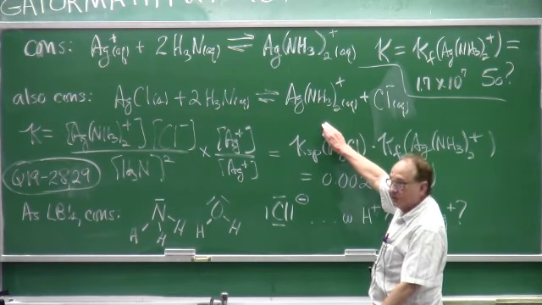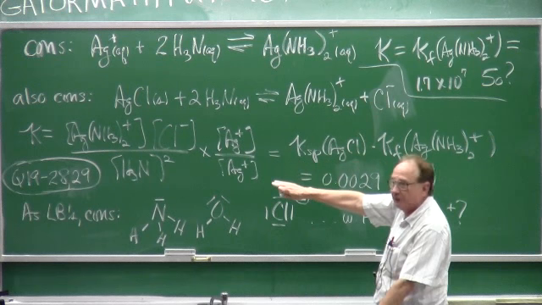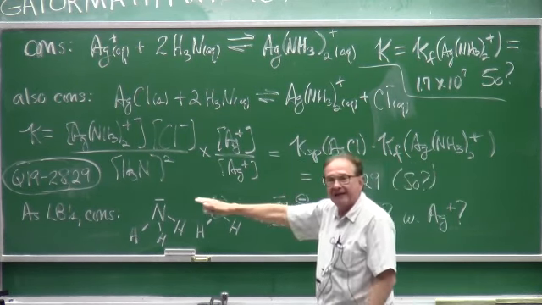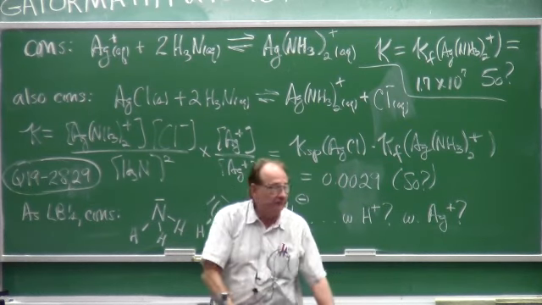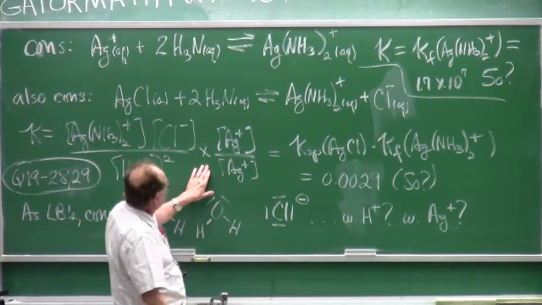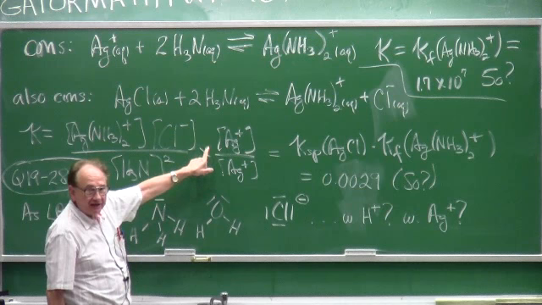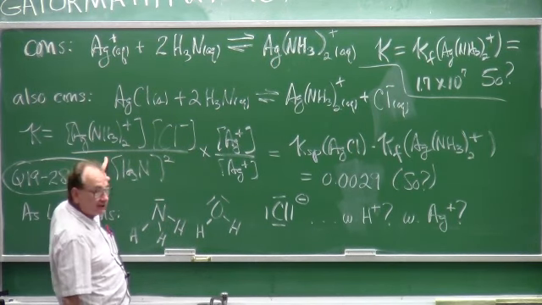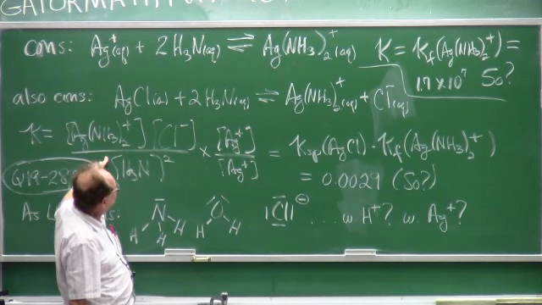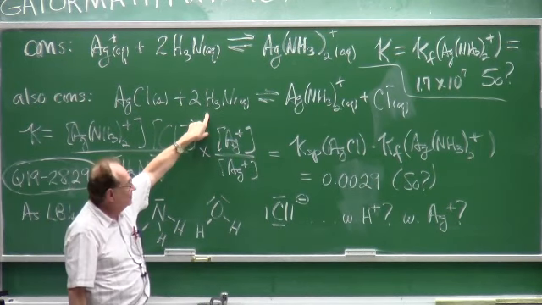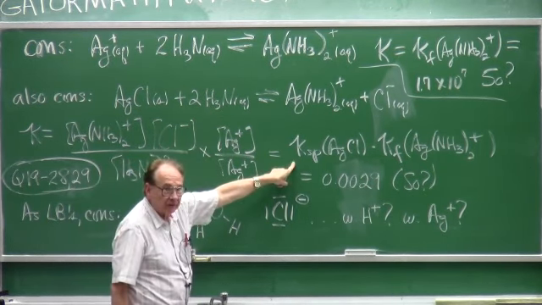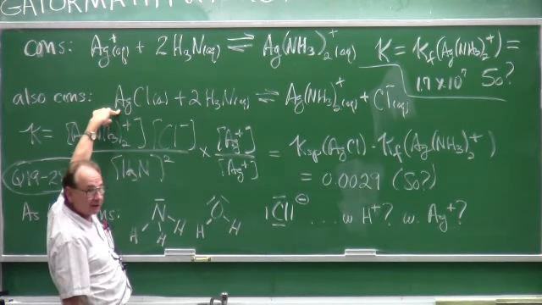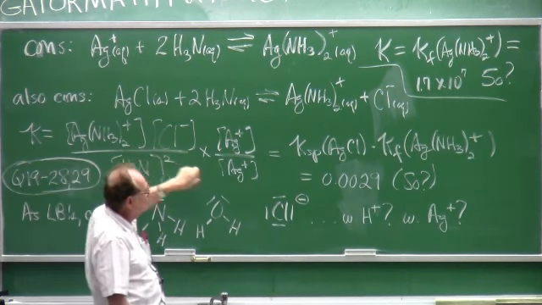Notice for this reaction as an equilibrium, I've written the equilibrium constant. To evaluate this equilibrium constant, we play the game that we've already played a number of times, simply multiplying by the magic 1, which in this case is silver ion molarity over silver ion molarity, which tells us that the equilibrium constant for this reaction is Ksp for silver chloride. Not surprising, since silver chloride is the salt of limited solubility, and it's on the left.